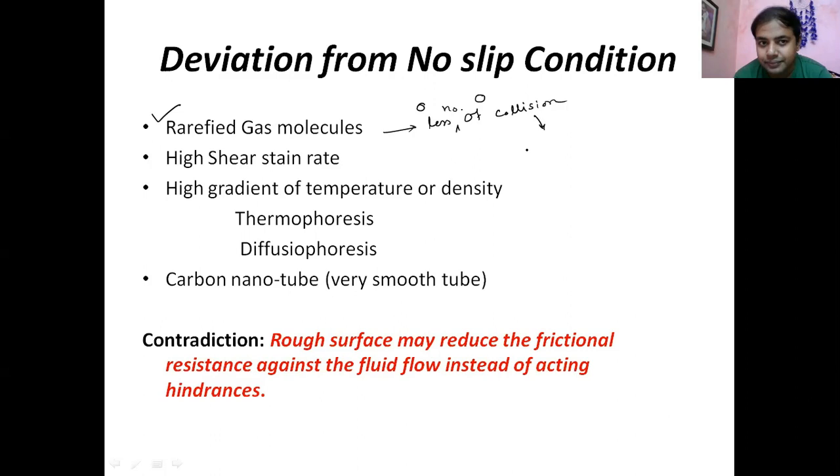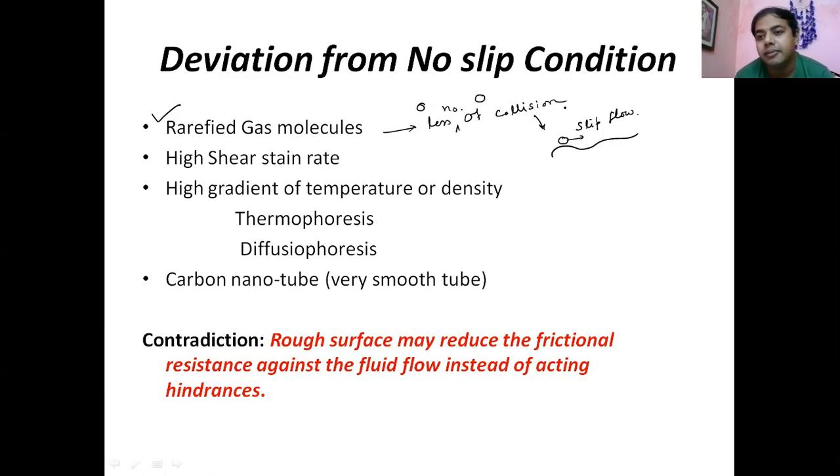That is why some violation of the no-slip condition may happen. That means the flat plate and the adjacent molecules might have some relative tangential velocity. Slip is there. That kind of flow is known as slip flow.